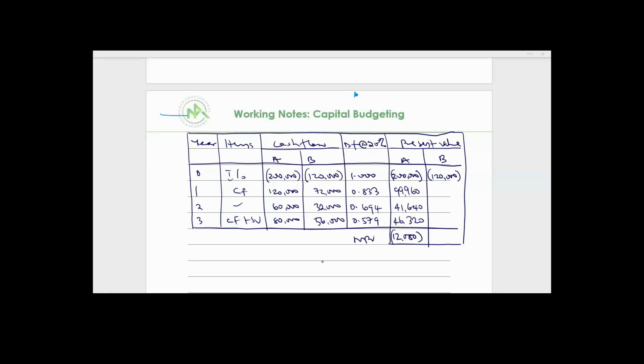72,000 multiplied by 0.833 equal 59,976. Next one, 32,000 naira multiplied by 0.694 equal 22,208.